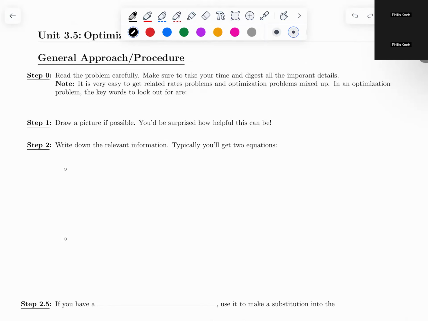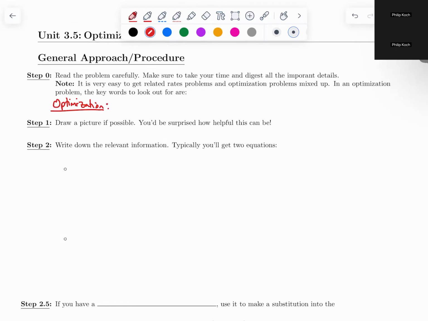And then every subsequent year, I usually add one of each, just so that we get that practice in both of them, though I might change my mind on that. Anyways, read the problem carefully. Make sure you take time to digest all the important details. But as I just said, in optimization problems, the keywords to look out for are optimization.